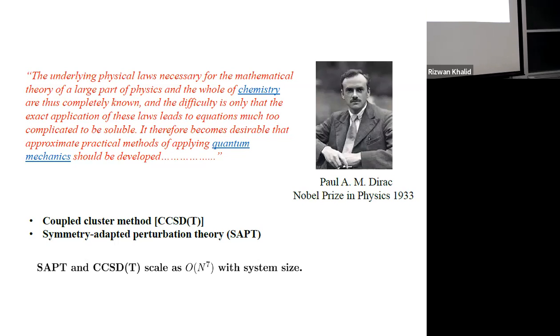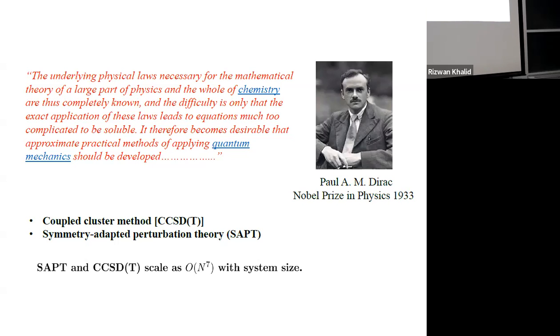So if you solve for a 2 electron system, whatever time it takes, for a 4 electron system it would be 128 times larger as compared to the 2 electron system, which is again too expensive. If n is very large, we certainly would not like to use the coupled cluster method or symmetry adapted perturbation method.